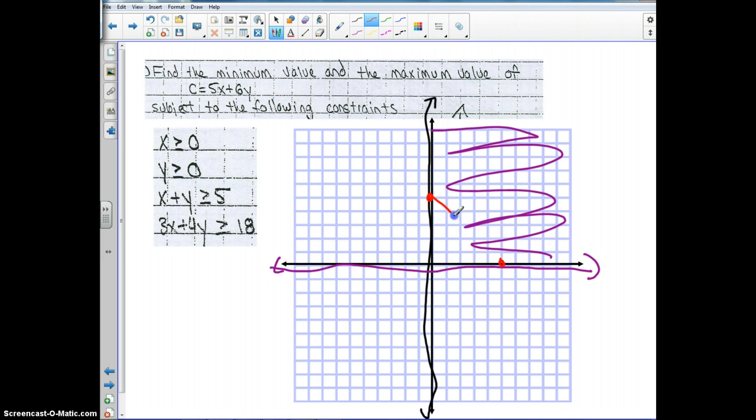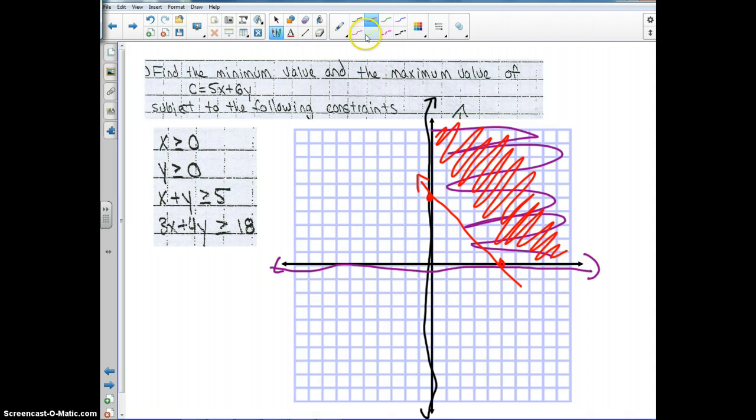So 1, 2, 3, 4, 5. All right. So right now, x plus y is greater than or equal to 5. I know 0, 0 does not make that true, so I know my solution area is up here so far.